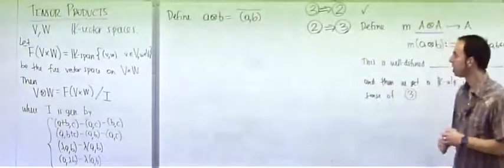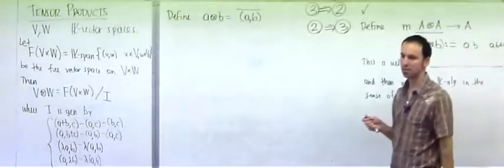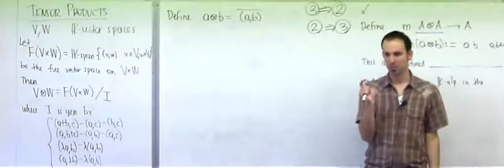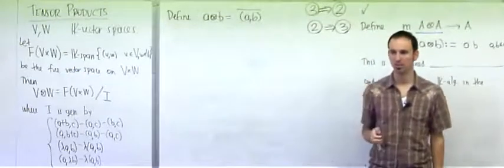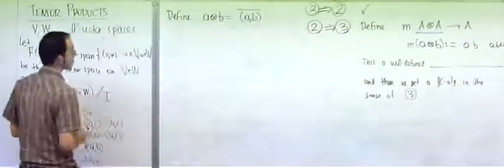Okay? And that's the key thing here, that a tensor, an element in the tensor product, is always an equivalence class. Okay? It's always subject to all these relations.